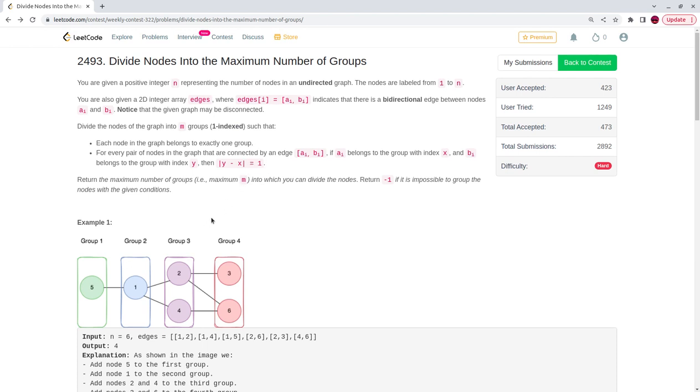So we need to traverse from a node level by level, and by visiting every next level, we will increase the group number. And remember, we cannot put two nodes connected together into the same group, because then they would be part of the same group, and y minus x would equal 0.